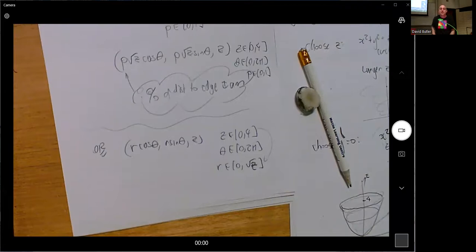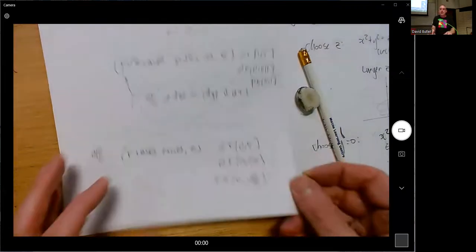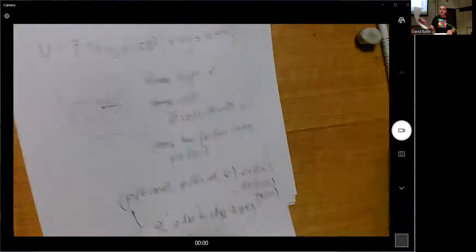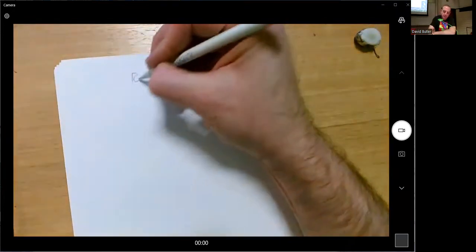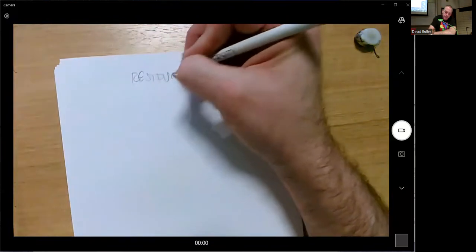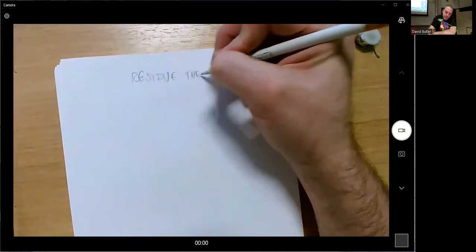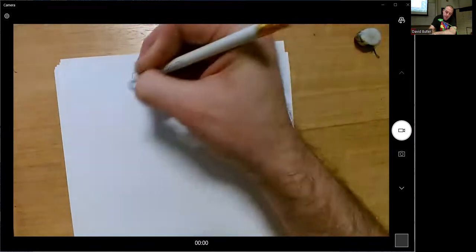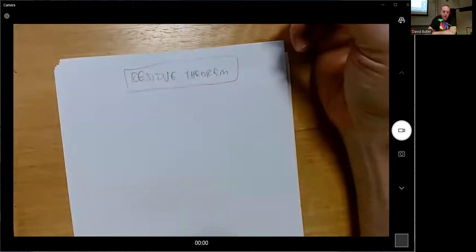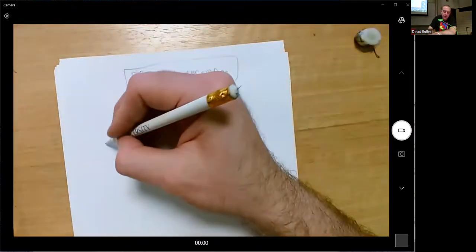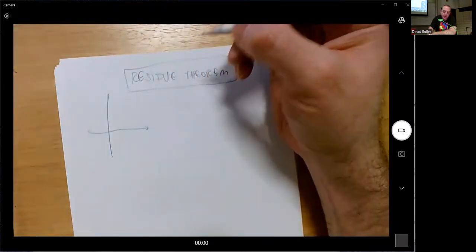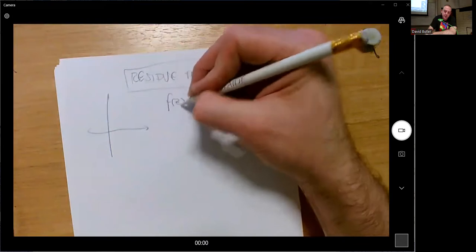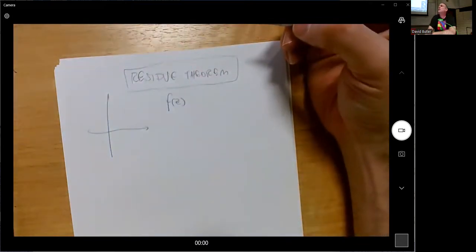Just let me check. The residue theorem is the thing that says, just a second. Residue theorem says that you've got your complex plane, right? And you've got a function and it has a pole. Is that right?